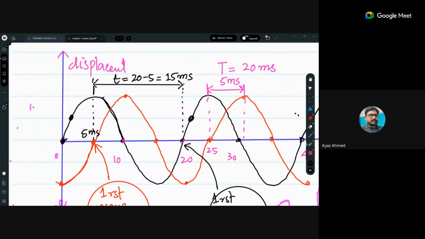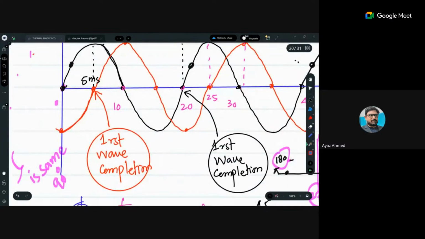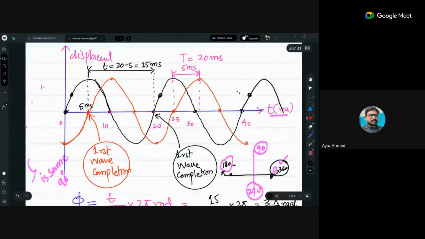Meanwhile, the red wave was not started from here. It was started from somewhere else, but its first peak is completed here, right? Did you check? The first wave completed over here. It means the wave was started from where I have drawn in the diagram this way. The wave has completed its three quarters before it reaches this wave.